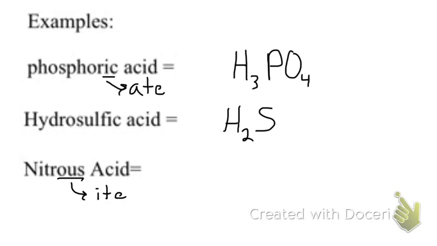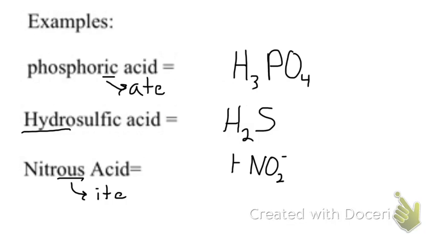Last one, we have our nitrous acid. Because there's no hydro here, we know it's not going to be bonded to just a regular element, so it must be bonded to a polyatomic. If you take a little bite, it's delicious. So this nitrous must turn into nitrite, and our nitrite polyatomic ion is NO2 negative.